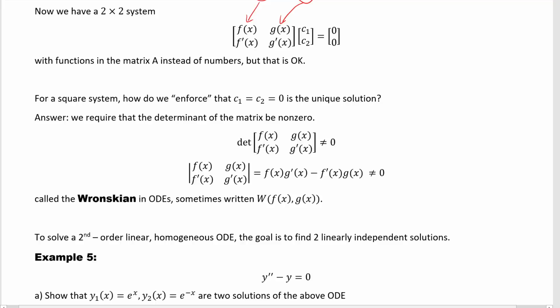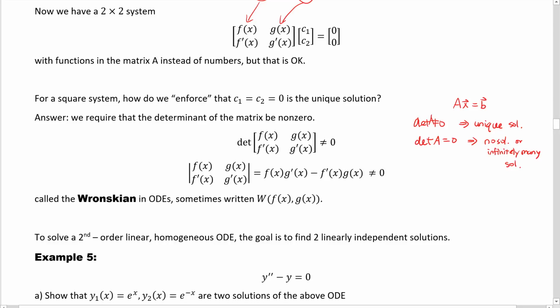Remember, if the determinant is not 0, we get a unique solution for Ax equals b. If the determinant is 0, then we might have no solution, or infinitely many solutions. So that's why we need the determinant to be non-zero.